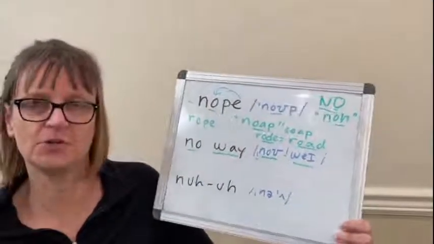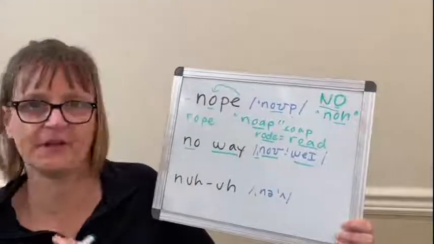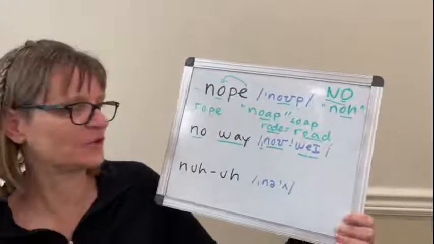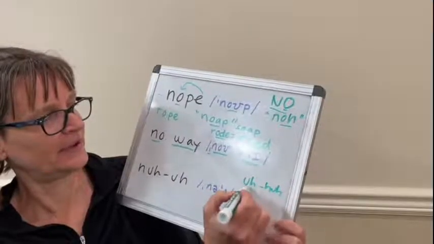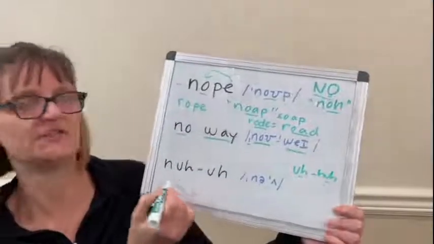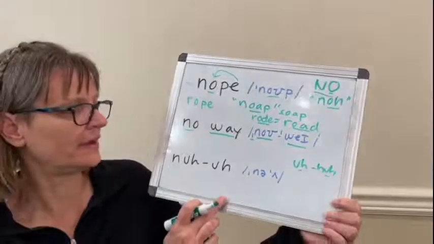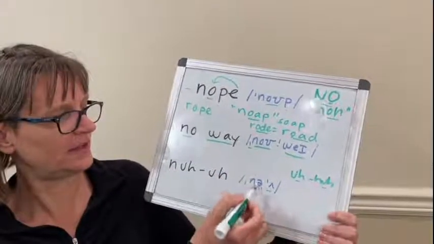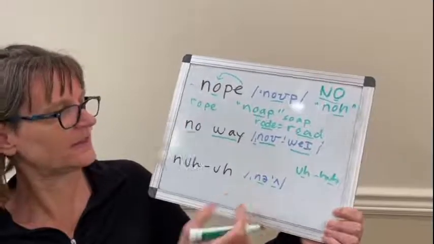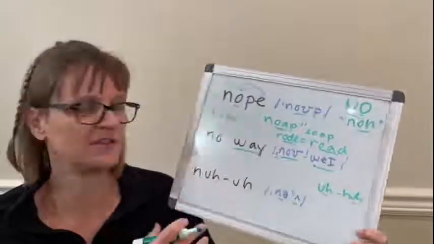Another casual way of saying no is to say nuh-uh. So for yes, we say uh-huh, and for no, we say nuh-uh. And again, we may stress more on the second part than the first. You can kind of stress either way here.